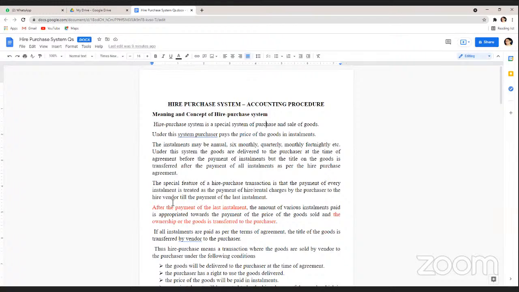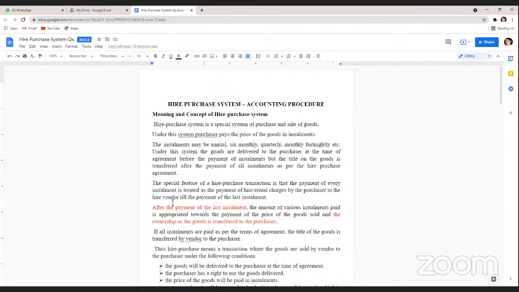Once he makes payment of the last installment, the ownership transfers to the hire purchaser. And before the last installment, if the hire purchaser fails to pay, then the owner, the seller of the asset, has a right to take possession of the asset anytime.